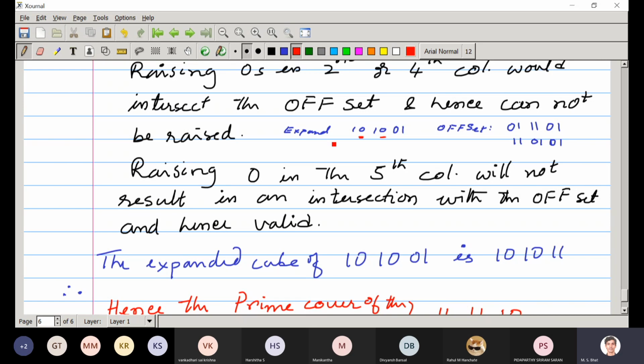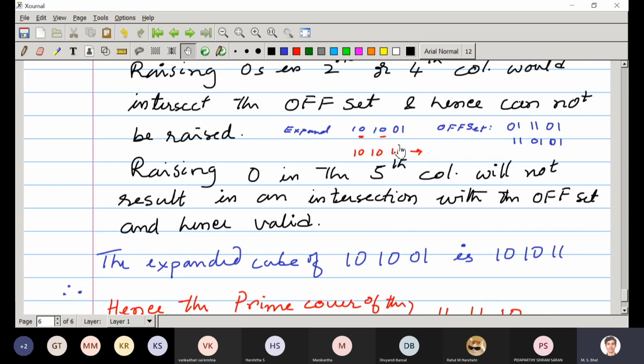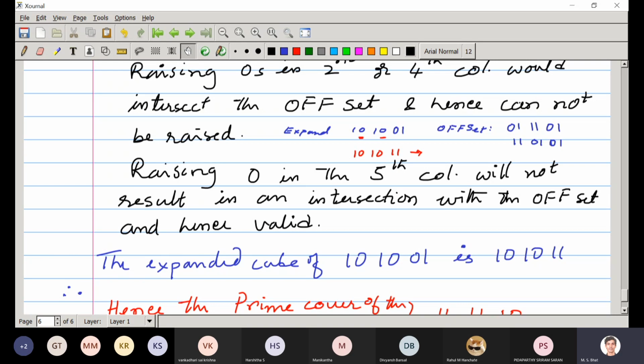On the other hand, if I expand only this, that is if I try 1, 0, 1, 0, 1, 1, and do a bitwise AND operation with this, the first one is void. The intersection of this with the first cube of offset gives you void. The intersection of this with the second cube also gives you void because this is 1, 0, this is 0, 1.